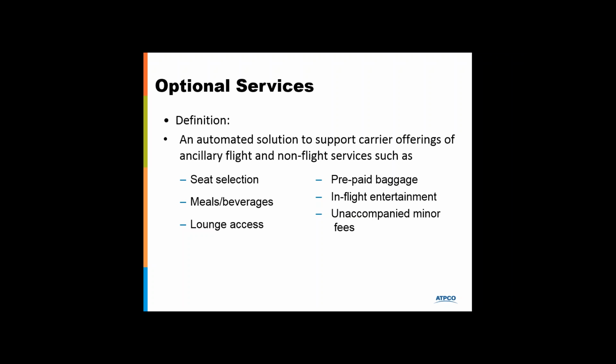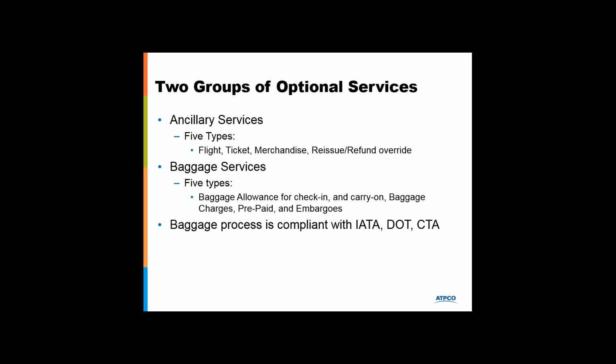We call these ancillary services in ATPCO, and in ancillary we also allow for merchandise and overriding reissue and refund rules, which today are not really used in the industry, but they are available.